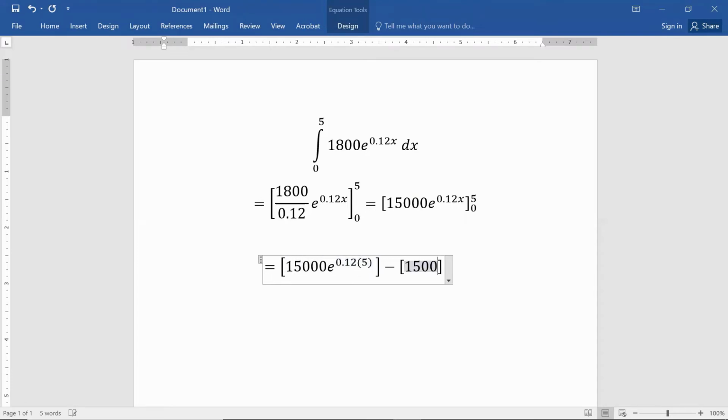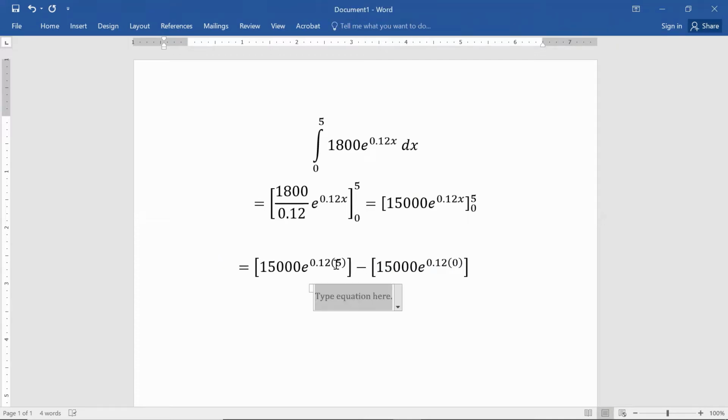As you can see, as I'm typing this in, it's a pretty straightforward process, but be careful, especially in this second bracket. I will see a lot of people plug in 0 into an exponent and then write that second bracket answer as 0.